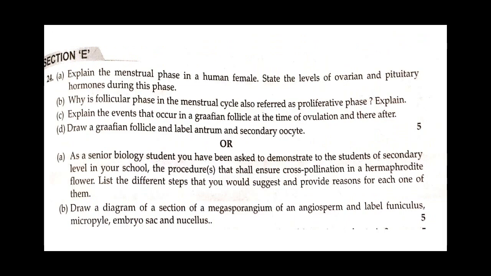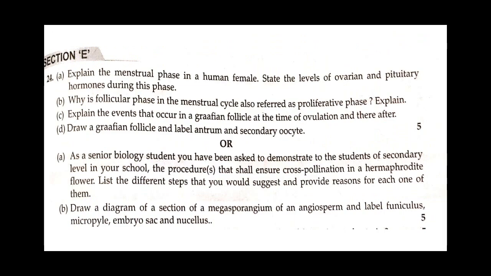During this phase, the level of both the ovarian and pituitary hormones is low, and the level of the follicle stimulating hormone starts to increase during the later stage of this phase. Okay, it means both these hormone levels have fallen down during this menstrual phase.